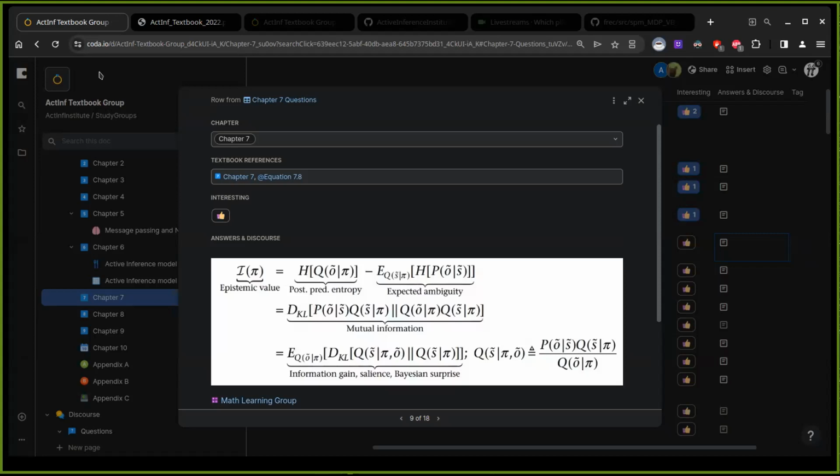And it also focuses on the importance of purposeful behavior that relies on the generative models that consider those future outcomes.